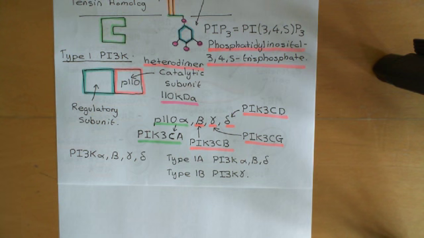Meanwhile, the type 1b PI3 kinases, including only PI3 kinase gamma, have very different regulatory subunits which can bind to it, as we'll discuss, and those regulatory subunits aren't capable of binding to the receptor tyrosine kinase, and therefore type 1b PI3 kinases aren't activated by receptor tyrosine kinases. So let's now turn our attention onto the regulatory subunits of PI3 kinases then.